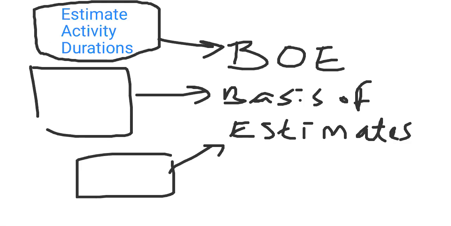Good. The second one is, again, an estimating process. And this is estimate costs from chapter 7. All right.